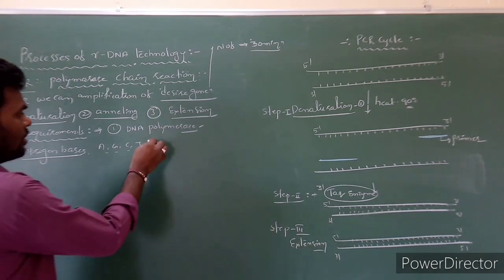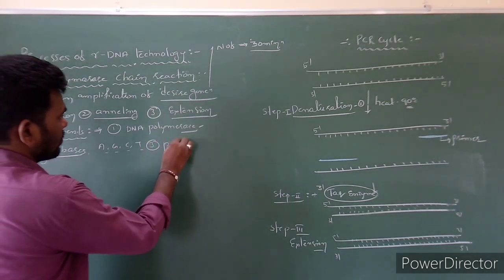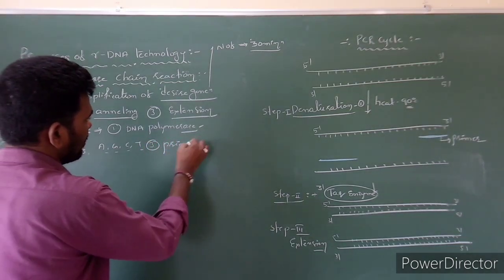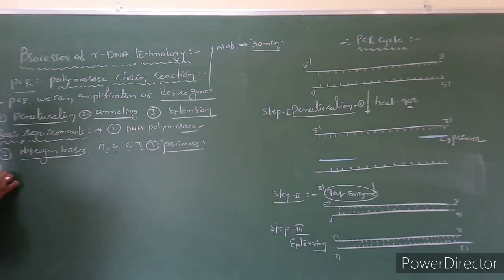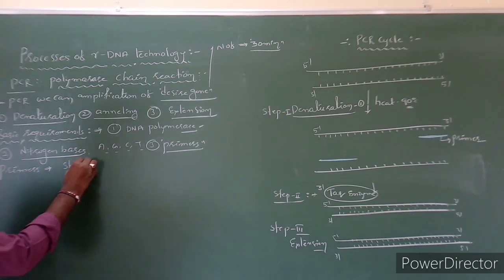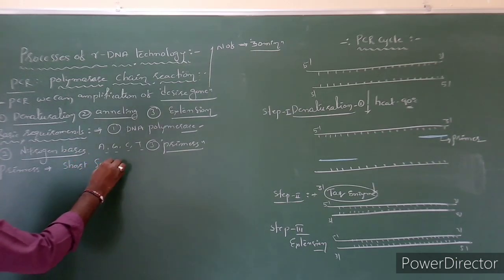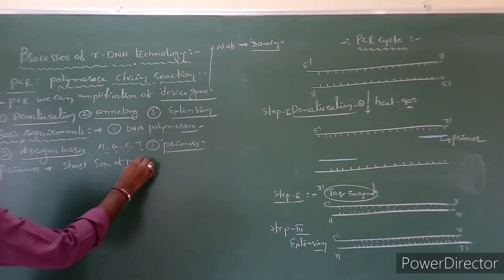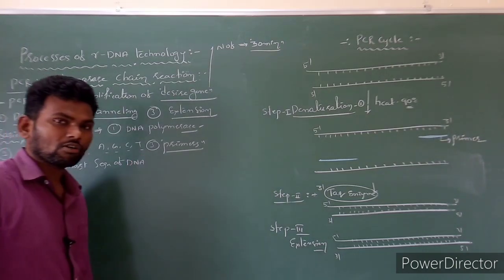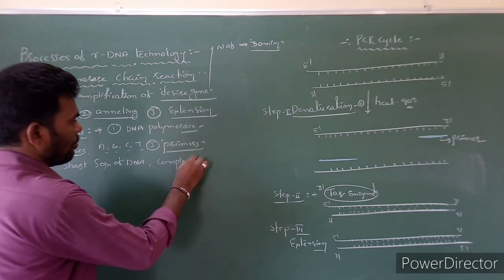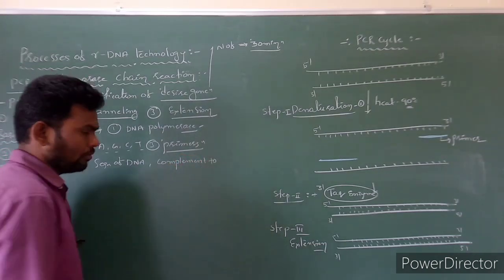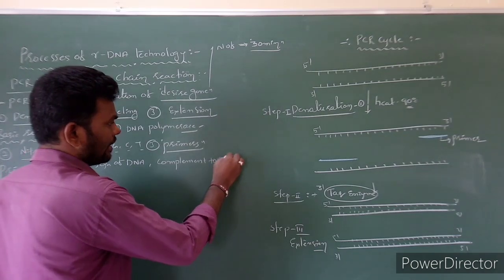And we also need primers. A primer is one short sequence of DNA which is complementary to the 3' end of the strand.